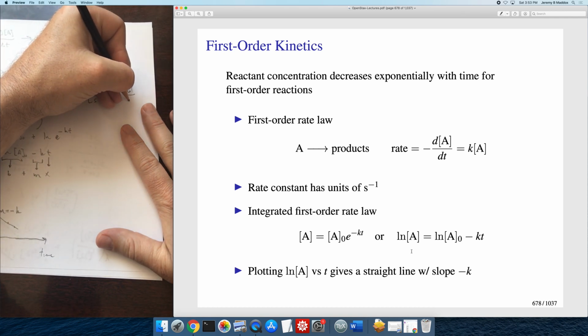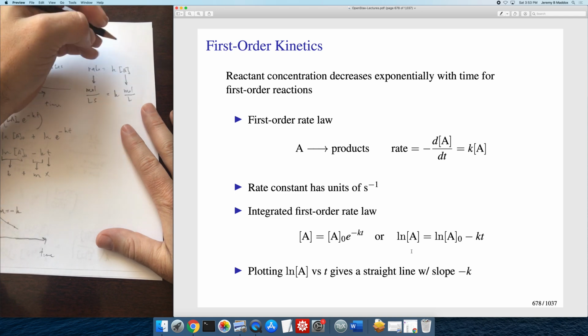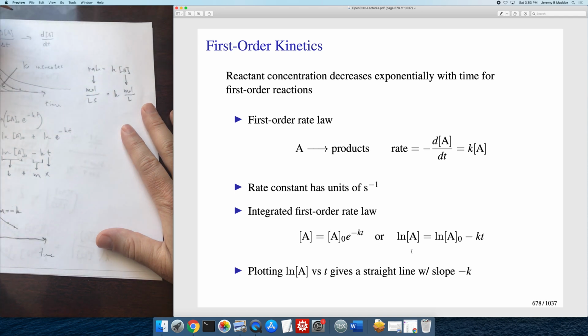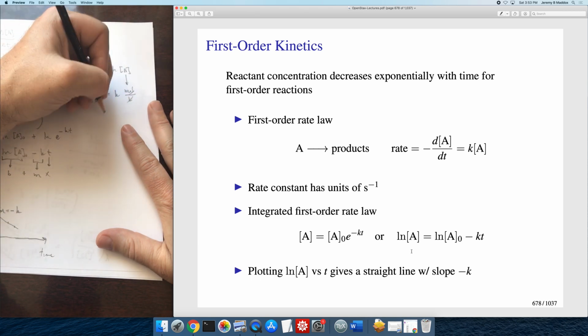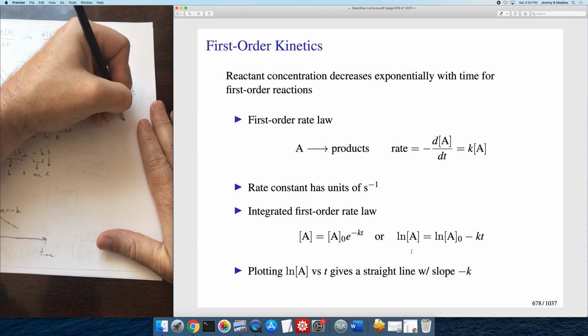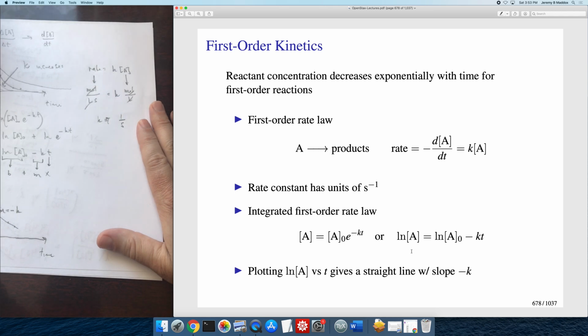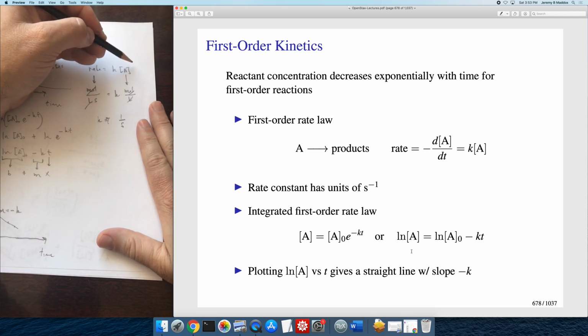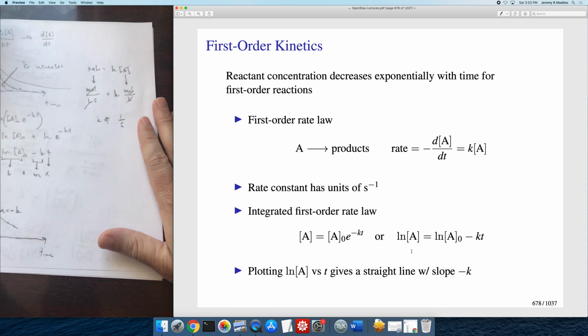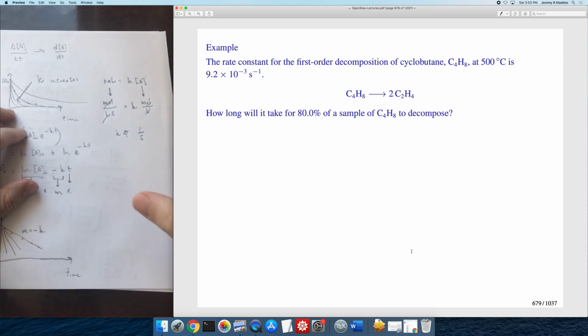Concentration always has units of moles per liter, and so you can use this to algebraically find the units of the rate constant. You see the moles per liter are going to cancel out, and so the units of the rate constant are 1/seconds in this case. The units of the rate constant will vary depending upon the order of the reaction, as we'll see when we look at the second order kinetics. But first, I think we have a problem to do.